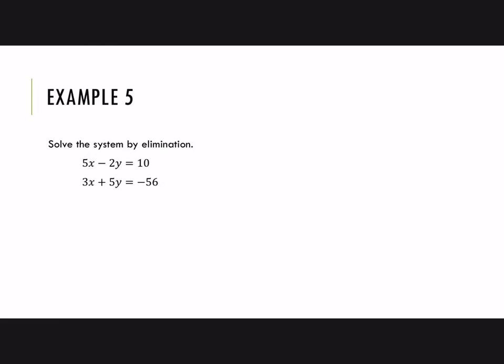So how are we going to get the coefficients to be the same number? Well, usually what we do is we multiply one or both equations as needed to get that same number. Okay, and remember that this is the multiplication property of equality. I am allowed to multiply both sides of the equation by the same number without changing the equation.